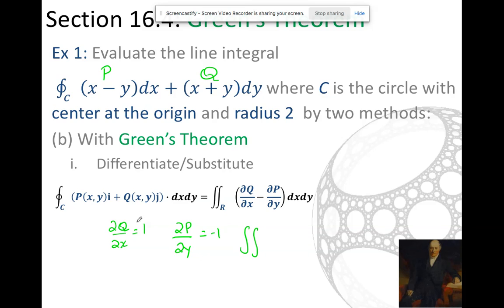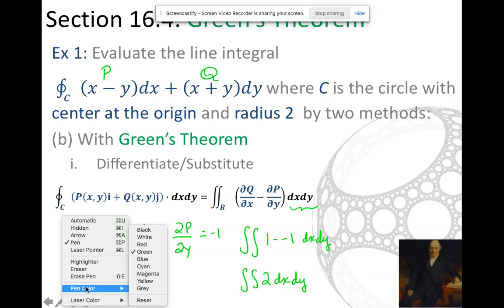So Green's theorem says that the circulation line integral will be the same as the double integral of 1 minus -1 over dx dy, the area. So this is just 2 dx dy. But remember, this is just dA.